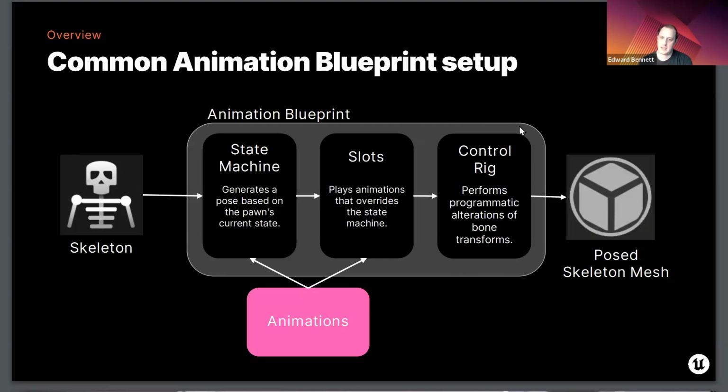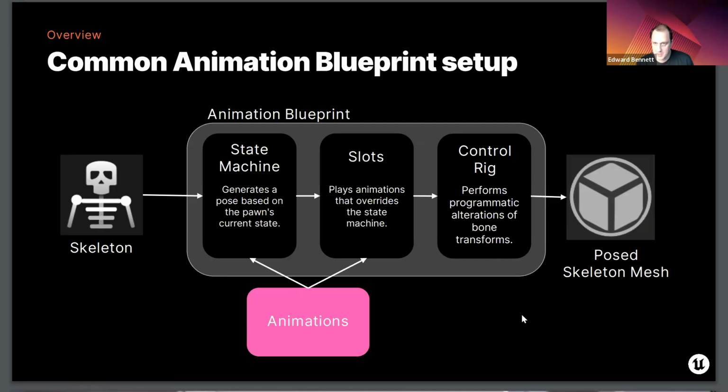And the control rig is very often bolted on as a final step, often used in order to correct how the animation runs. One of the big examples of the control rig, which you'll see in the usual setup, is FootIK, where small adaptations are made right at the end in order to make sure that the feet sit on the actual ground rather than floating above it.